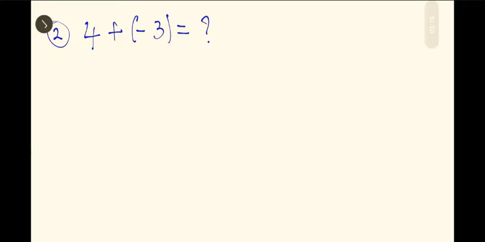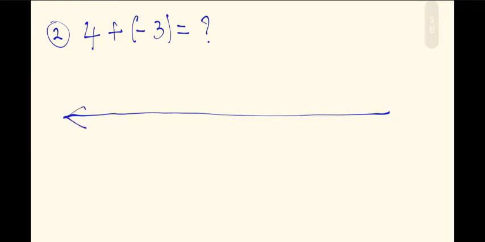So we first draw our number line. Then we label it. We are going to have -3 on the number line. Let's put our 0 here, and then we have 1, 2, 3, 4.